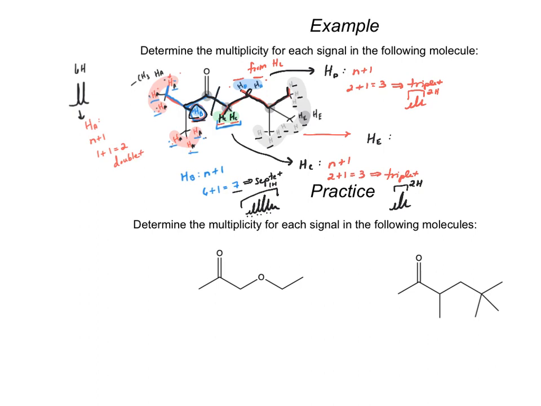So for HE, n+1, n here is 0. There are no protons nearby that can split this, so 0 + 1 gives us 1. So all of these are just going to be a singlet. One single peak, and that one single peak is going to integrate into 9 protons.